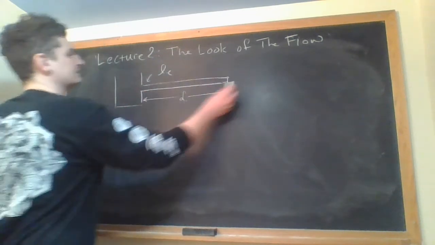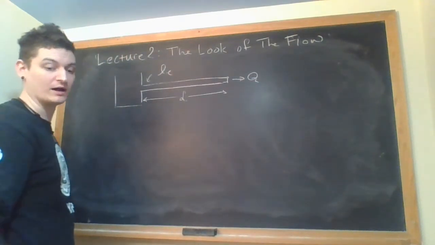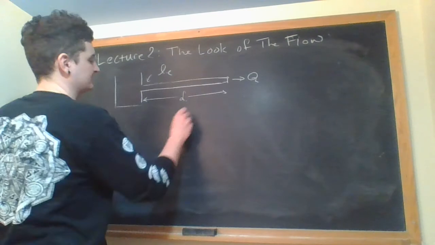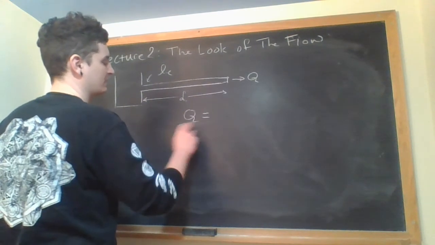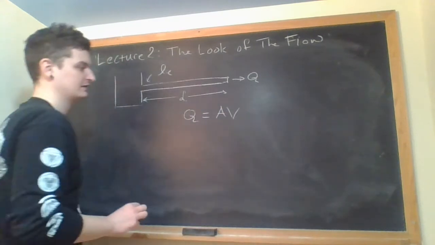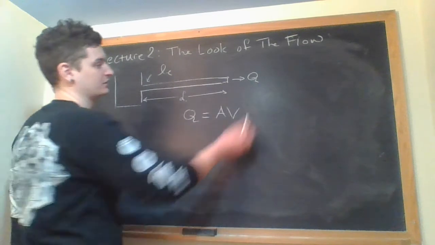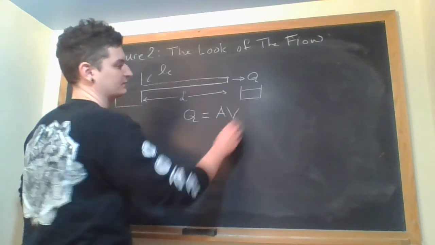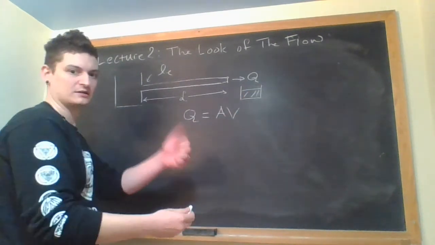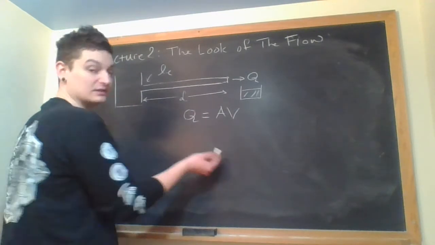So, given some flow rate out of the pipe, I know that this volumetric flow rate is cross-sectional area times the velocity. I know this because you can measure gallons per minute, etc. You could just put a little bucket here and fill something up, take a little timer, and then you get a volumetric flow rate. This equation helps you get the velocity.